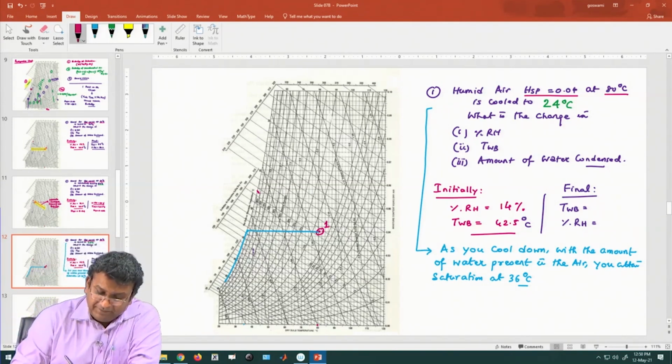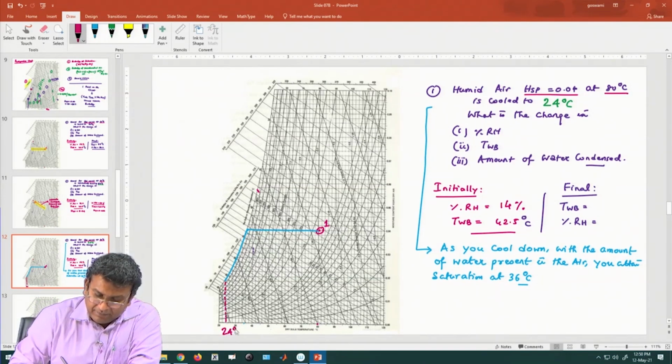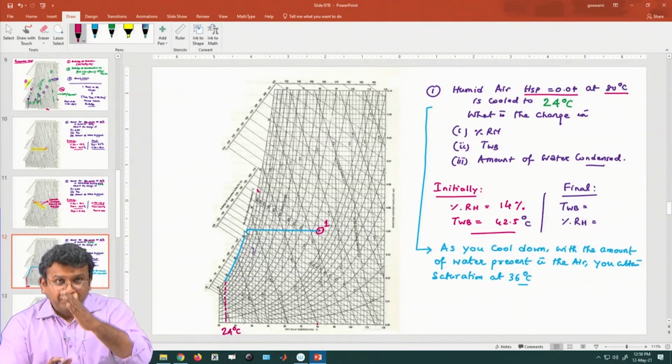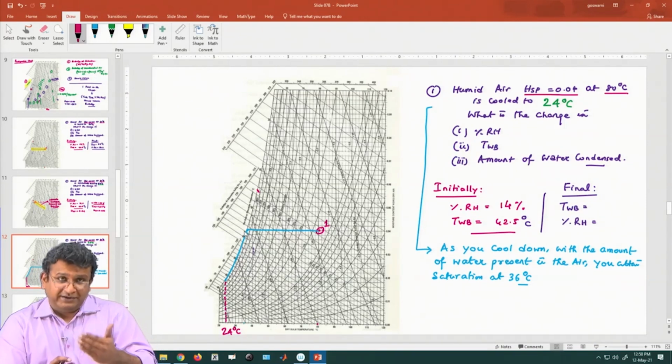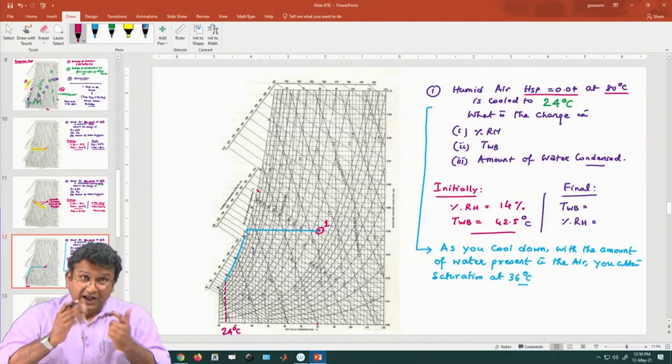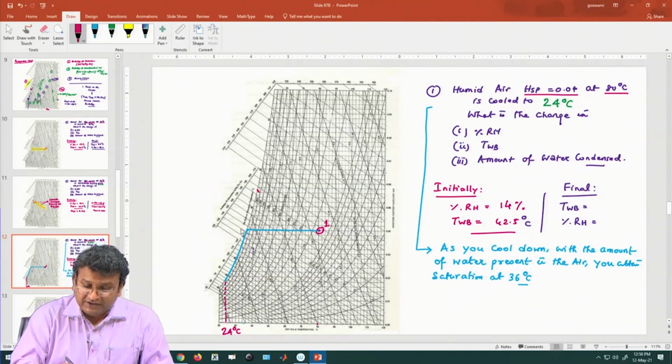So, you are cooling. This is the cooling line, but it has two parts. The first part is cooling till saturation is attained, and after that, if you progressively cool, you are following the saturation curve, and consequently there is now a change in the specific humidity.